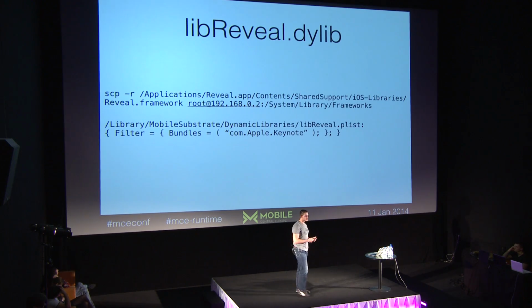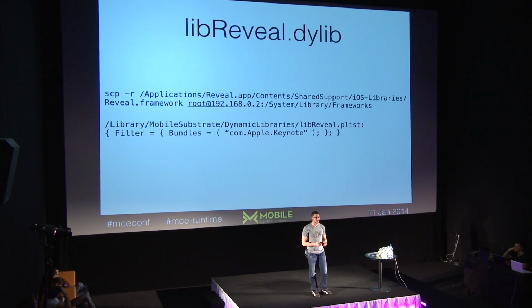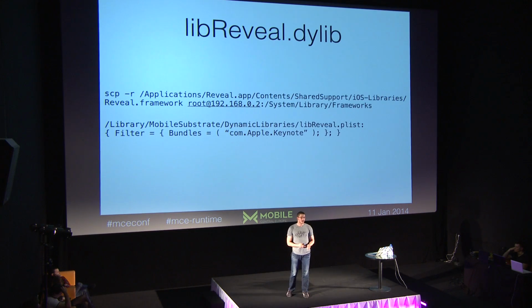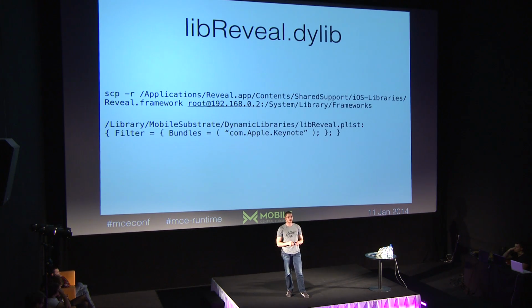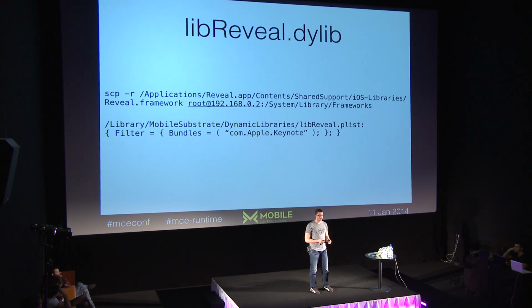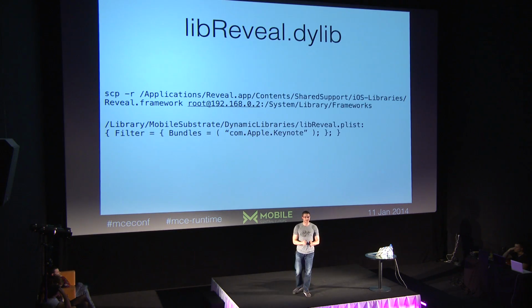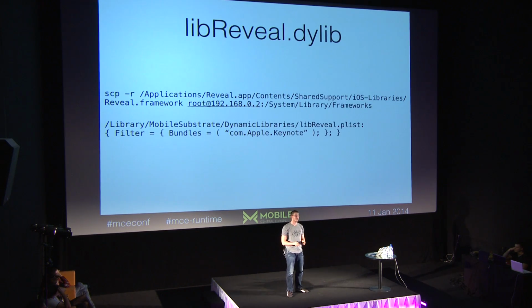Those are Mobile Substrate filters, so Mobile Substrate knows in what app it should include this dynamic library and in what app it shouldn't. When I first tried this, it was possible to use a star, and it would include it in everything. But there was an update lately that somehow broke this, so you really should only use explicit app IDs. Don't put a star in there, or your iPad might not start up again.